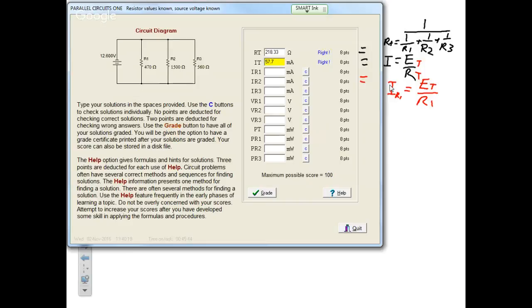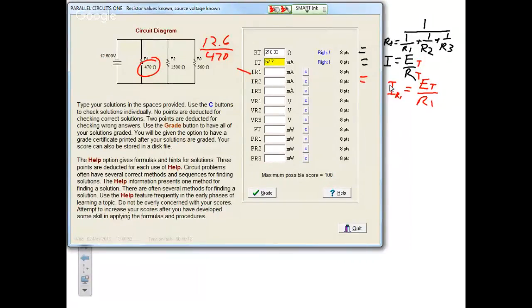On the first one, let's just solve this one here. We're going to take 12.6 and divide it by the resistance value of R1. So 12.6 divided by 470 ohms gives me a current of 0.026 amps.